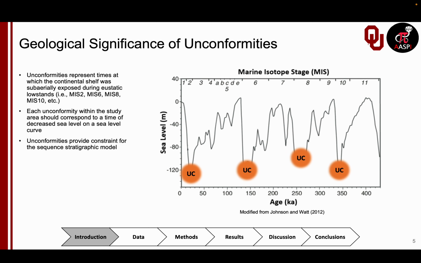As a result, we would expect these unconformities to be forming here when sea level is low. We should be able to correlate them to the sea level curve. What this does for us is provide a constraint for a sequence stratigraphic model, which we will be building here shortly.